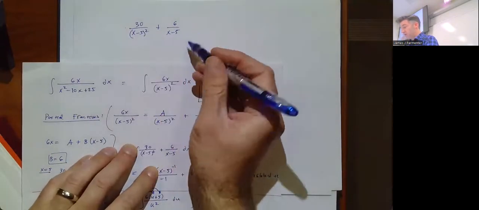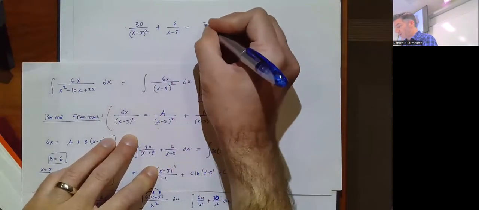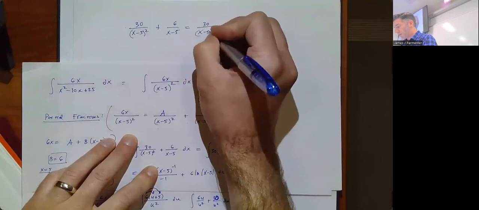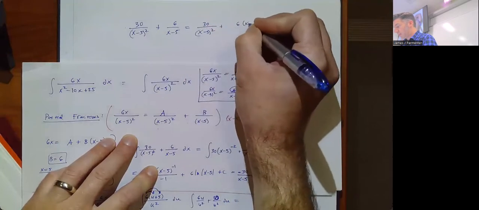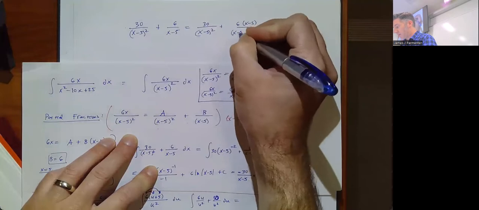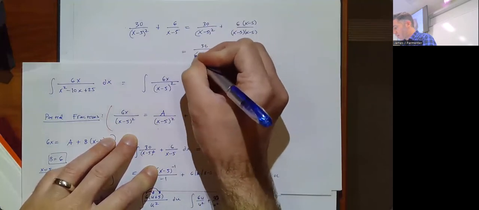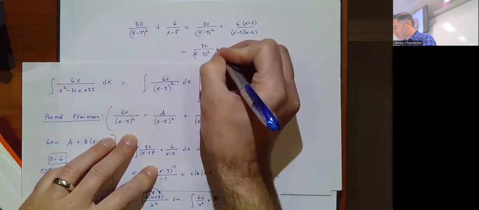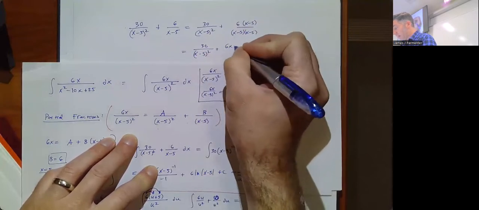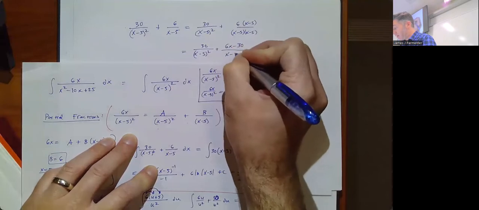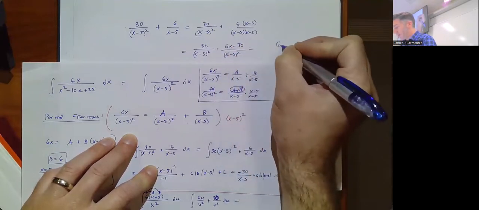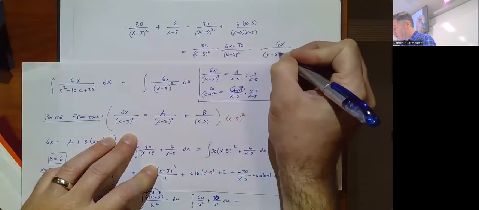If I actually do this, if I get a common denominator, this is 30 over x minus 5 squared plus 6 times x minus 5 over x minus 5 times x minus 5. Well, look what I've got. I've got 30 over x minus 5 squared plus 6x minus 30 over x minus 5 squared. And when I put those together, I exactly get what I started out with.